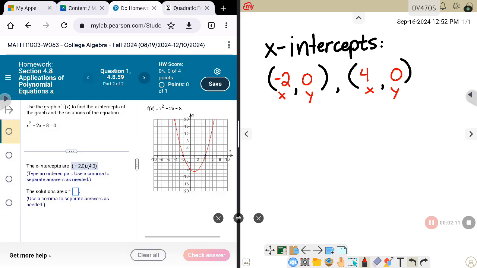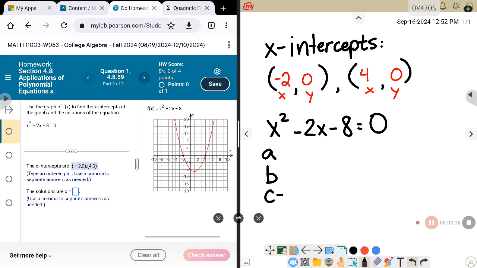The next part of the question says the solutions. So my quadratic equation that I'm solving is x squared minus 2x minus 8 equals 0. If I put this in my quad calculator, my A would be a 1, my B would be a -2, and my C is -8.